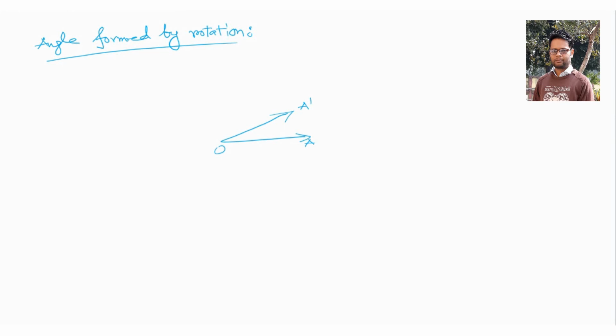Initial position to its final position. This is the initial position, and this is final. OA is the initial position, and OA dash is the final position. So here the ray is moving anti-clockwise.